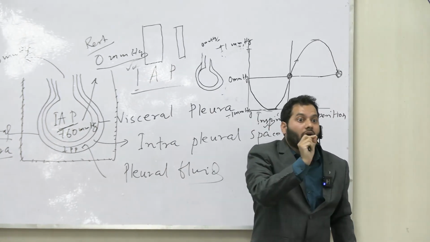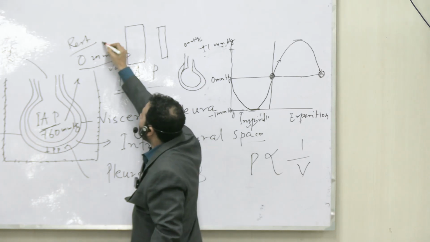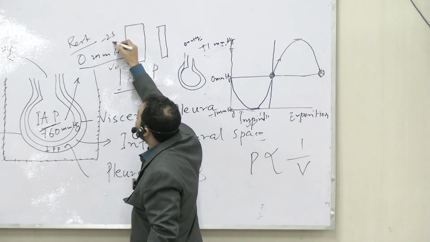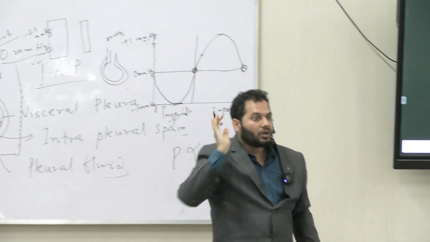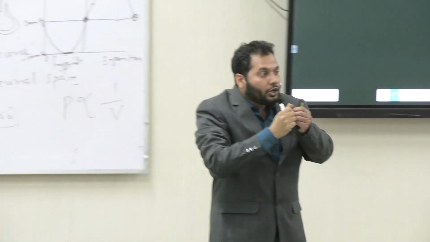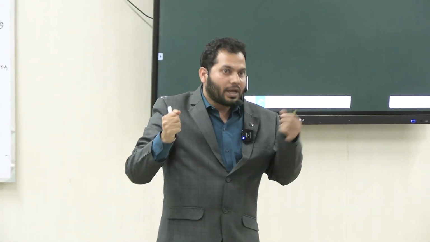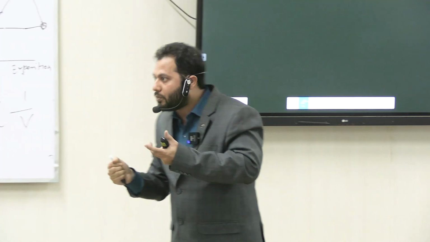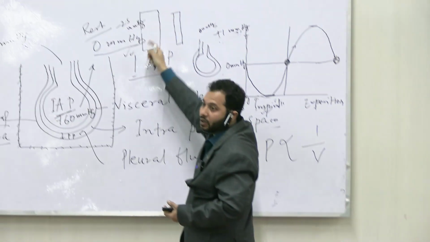So what is the new pressure here? The new pressure is around minus 2.5 millimeter mercury, right? So why? It is only due to the opposing forces that cause changes in the volume, and this is the new volume, right?